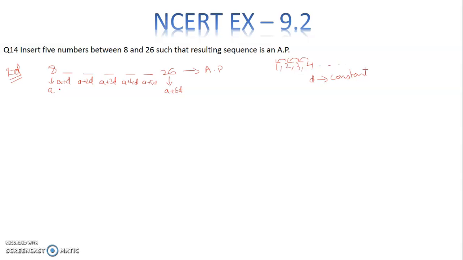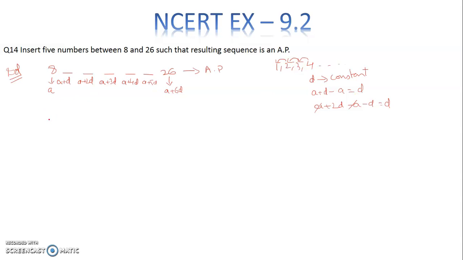So see, if I subtract A minus A plus D, I will get D. If I subtract A plus 2D minus A minus D, what will I get, students? The A cancelled, so D. So the difference is constant, so I can take this as an AP.